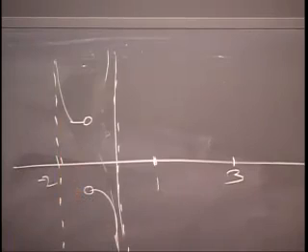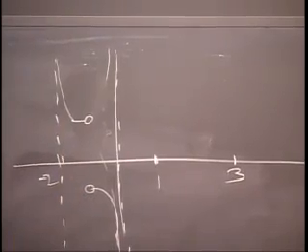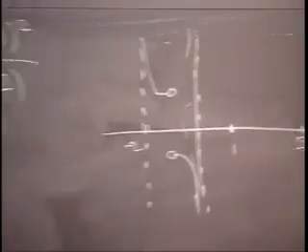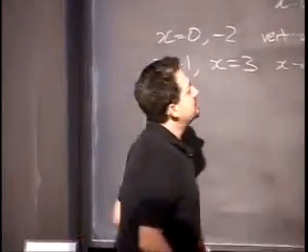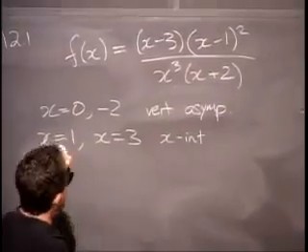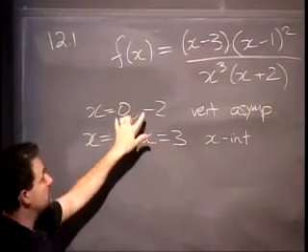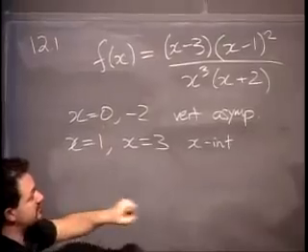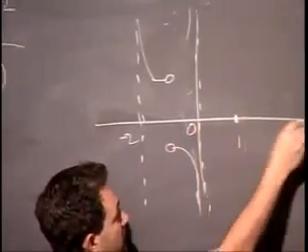And really, what I want to do is I want to make a list of all the places where the function is either 0 or blows up or perhaps has a discontinuity. And in this case, it only equals 0 or is not continuous at these 4 points. Minus 2, 0, 1, and 3.